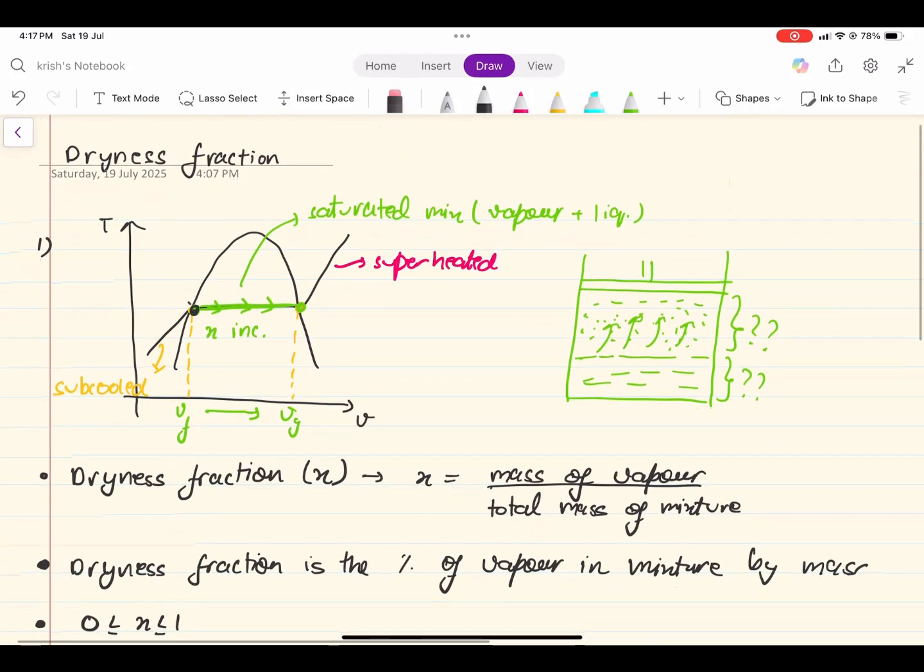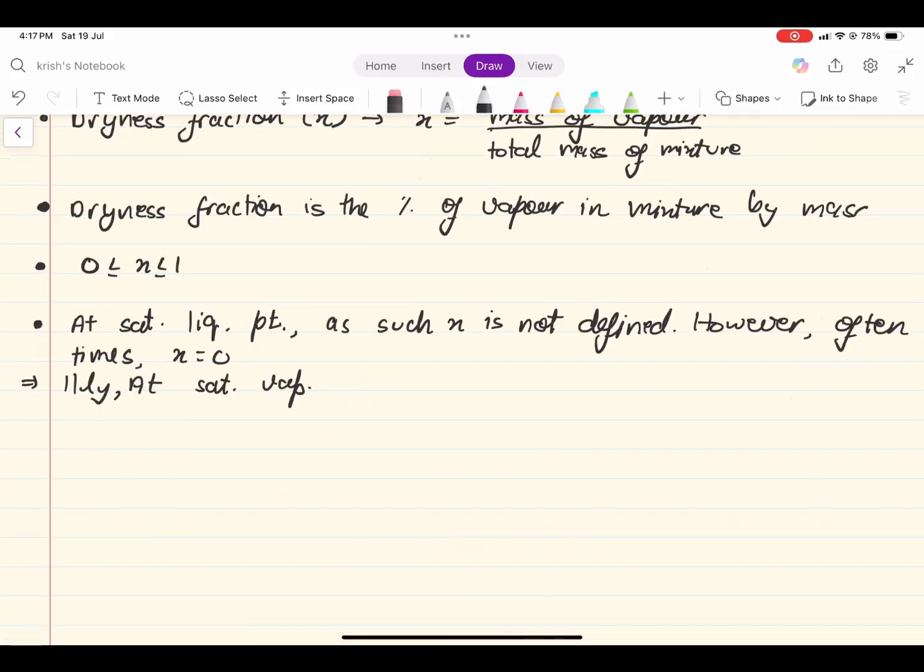This is the saturated liquid point, and this is the saturated vapor point, where only liquid and vapor exist, respectively. At the saturated vapor point, x is not defined, but we say it is 1. Because intuitively, at the saturated vapor point, we know that everything is vapor. So the mass percent of vapor is 100%, so x can be said to be 1.